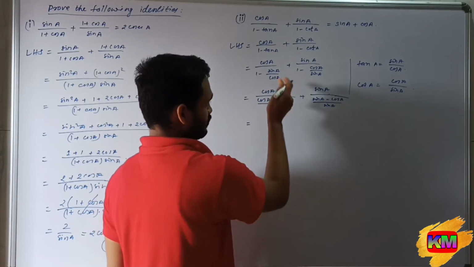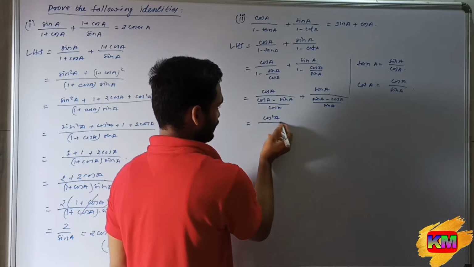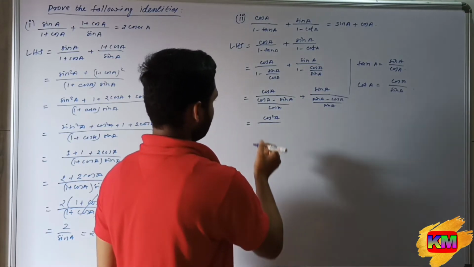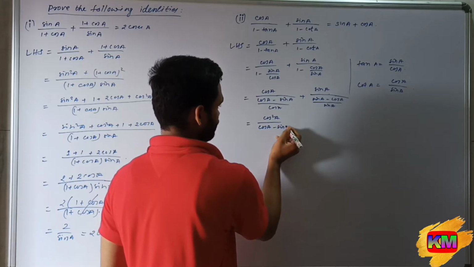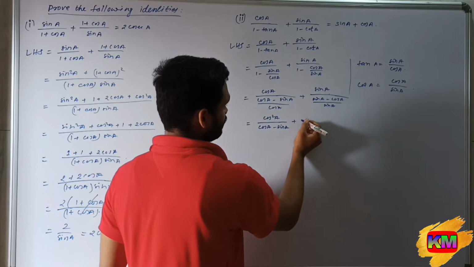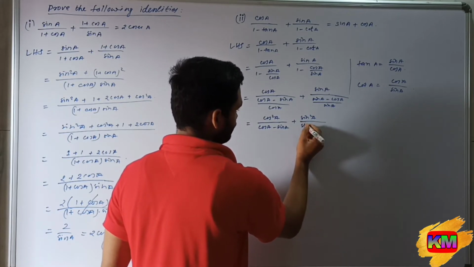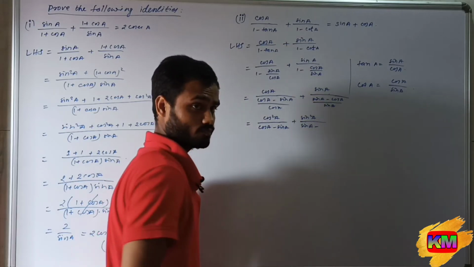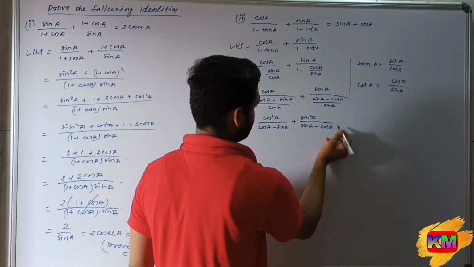So cos A into cos A will be cos square A divided by cos A minus sin A, and here plus sin square A divided by sin A minus cos A.